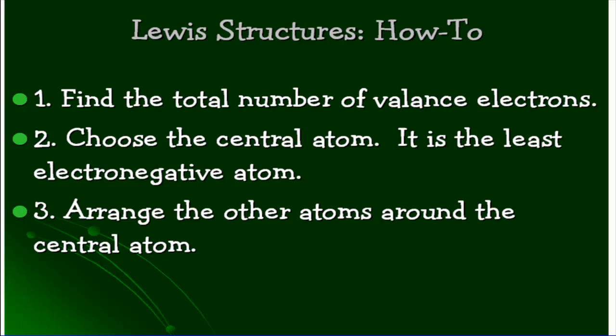So you need to pause and copy some steps down. The first thing you're going to do is find the total number of valence electrons. We're going to use the periodic table for that. We're going to choose the central atom. It's always the least electronegative. It's always your single atom. And we're going to arrange the other atoms around our central atom.